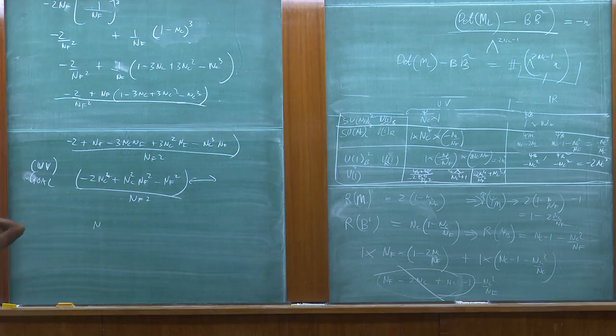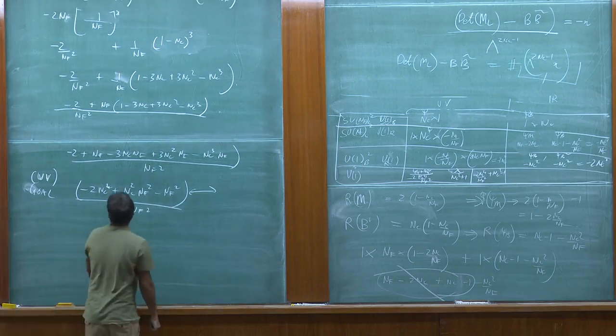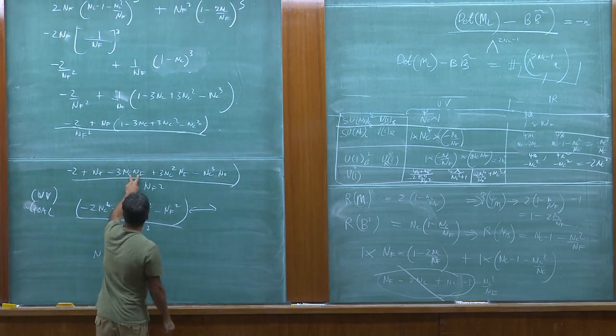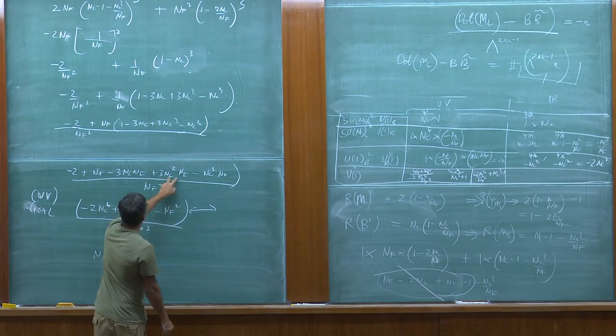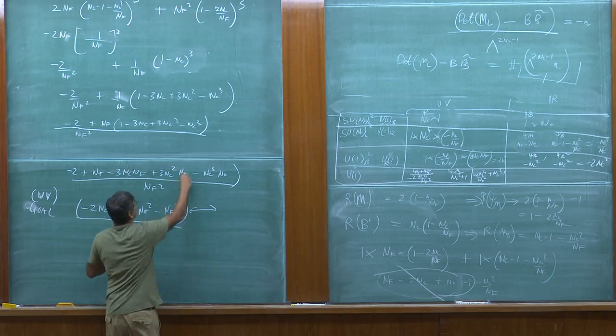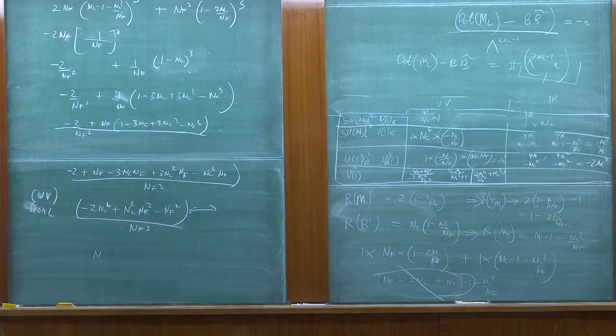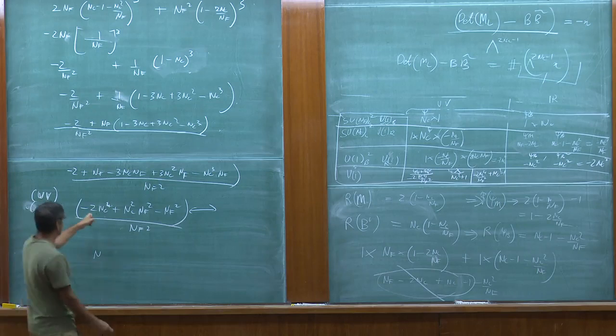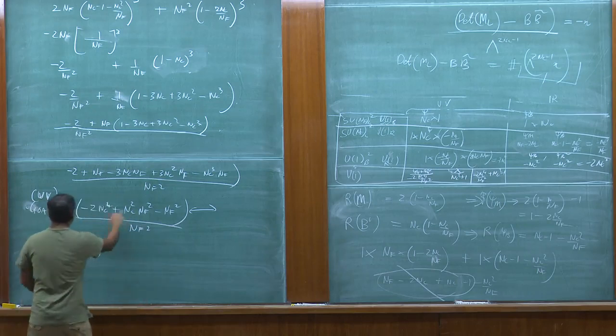It is NC square and NF square. Where was NC square and NF square? In the middle. Here? NC squared and NF. How is it matching? In the second UV thing. Thank you. The whole thing was, yeah. So let me simplify the UV thing.